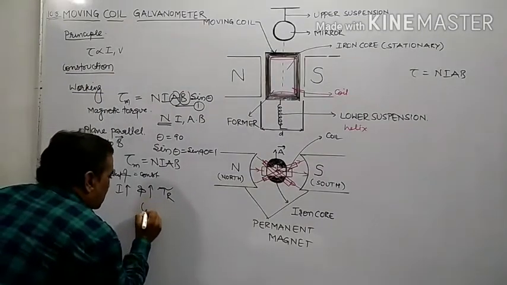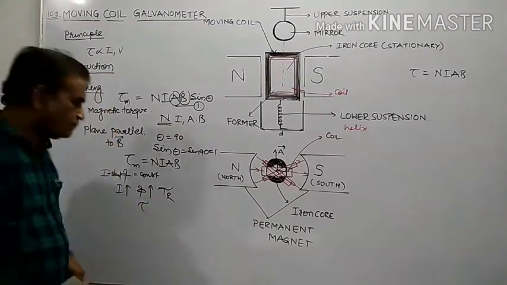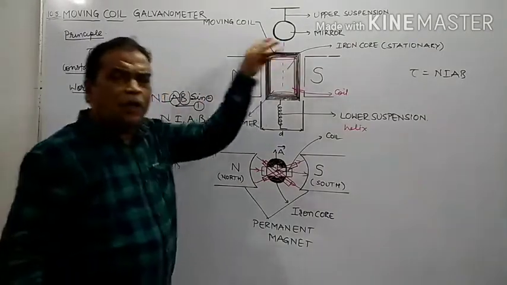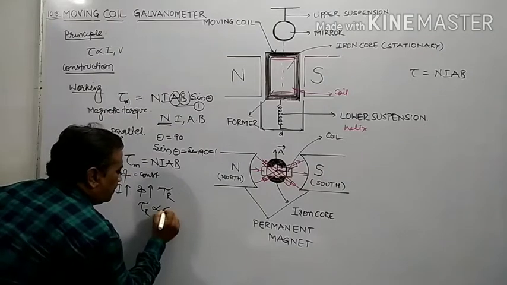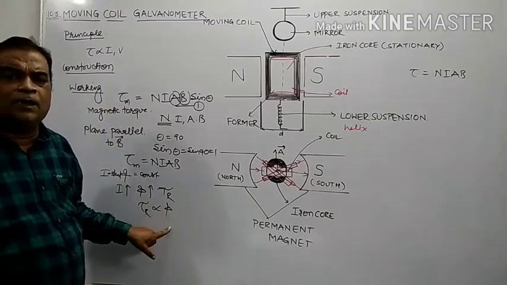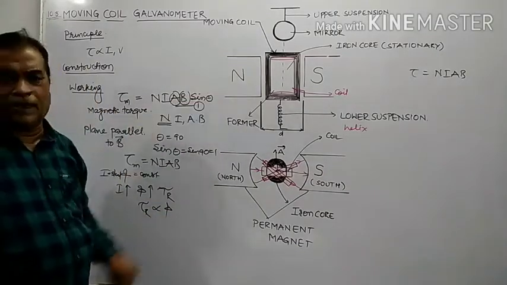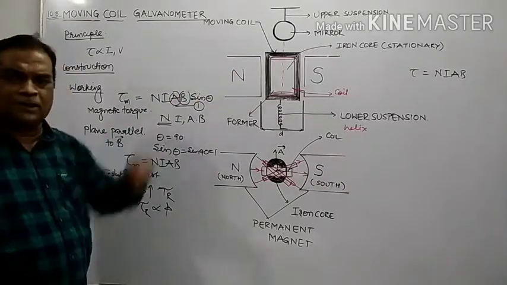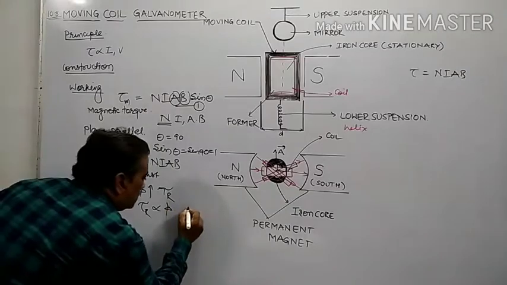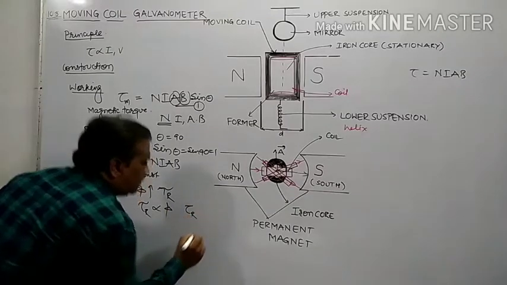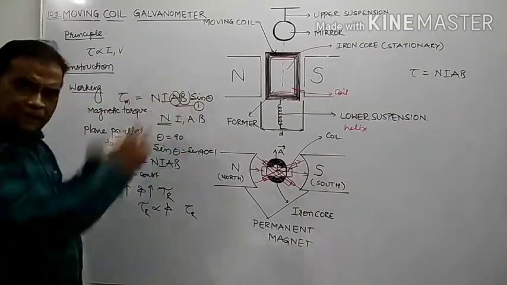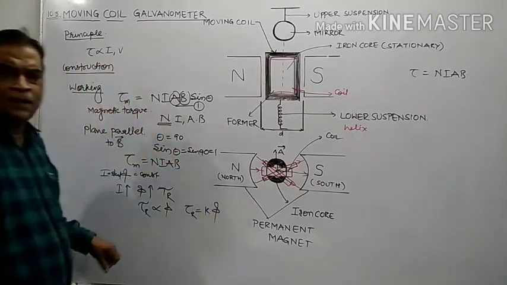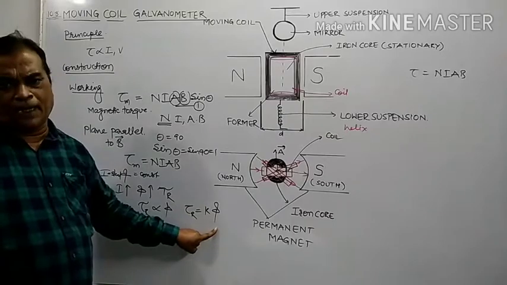It means the restoring torque exerted by the spring on a coil is directly proportional to what? The angular displacement of the coil, the angular deflection of the coil. Phi is the angular deflection of the coil. Or the restoring torque exerted by the spring is equal to some constant of proportionality into the angular deflection phi.